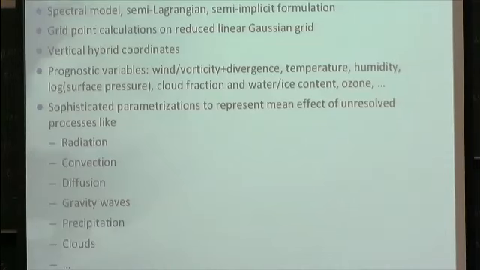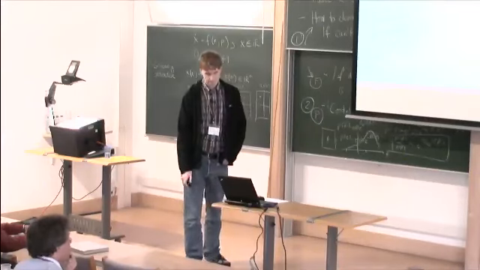Yeah, the prognostic variables are wind or vorticity and divergence in spectral space, temperature, humidity, and the logarithm of the surface pressure, but there are some more as well, which are not that important. Yeah, and then there are, of course, a range of parametrizations for radiation, convection, diffusion, and so on.